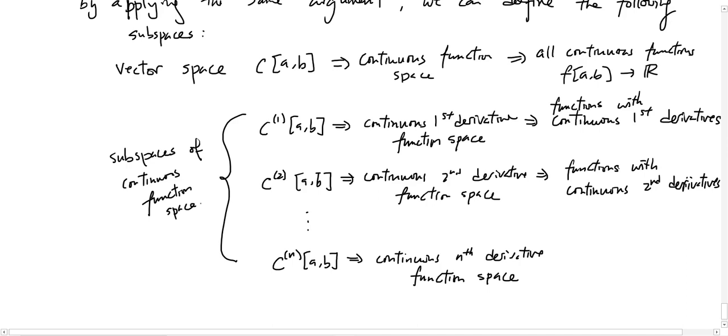Now, is that all the subspaces for the continuous function space? No. The continuous function space has an infinite number of elements in it, and there is literally an infinite variation of functions that we can talk about. It has a lot of different subspaces, and this list is just the subspaces relating to derivatives. And why do we care about that?